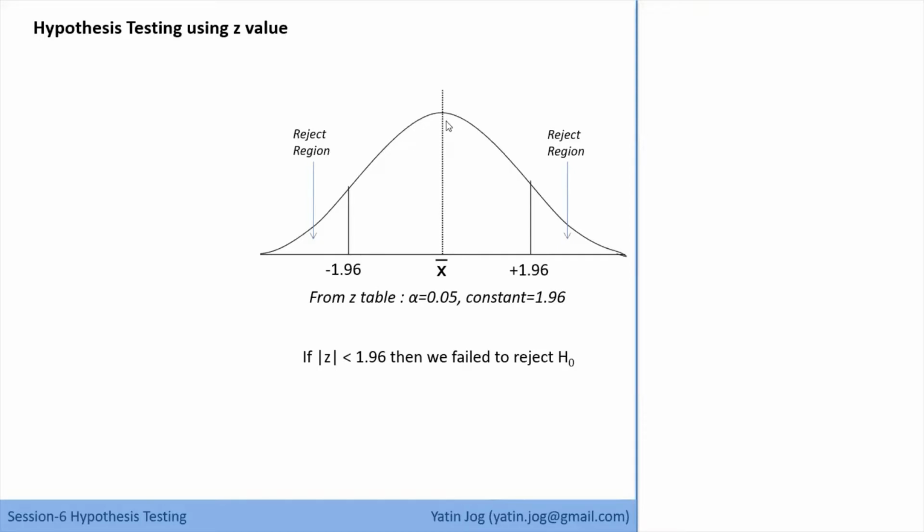That means I have 95% confidence. In between these two data points I have almost 95% of my population. So I can call this 95% of the population the accept region at the 95% confidence level.